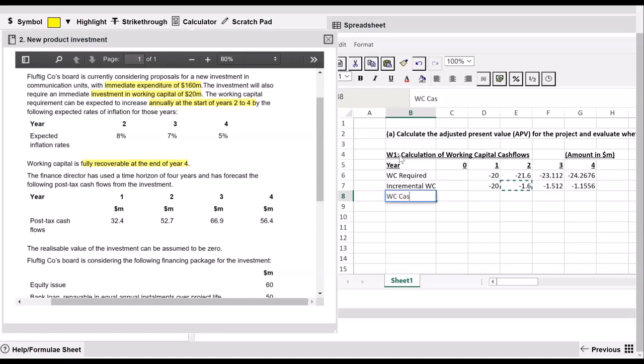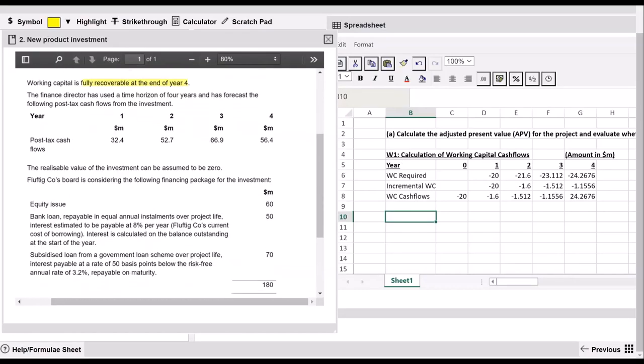Arriving at the working capital cash flows, which are always required 1 year in advance. It is required at the beginning of the year, so it is placed 1 year ahead, and it is always assumed that the working capital is fully recovered at the end. So this is going to be the note as far as calculation of working capital is concerned.